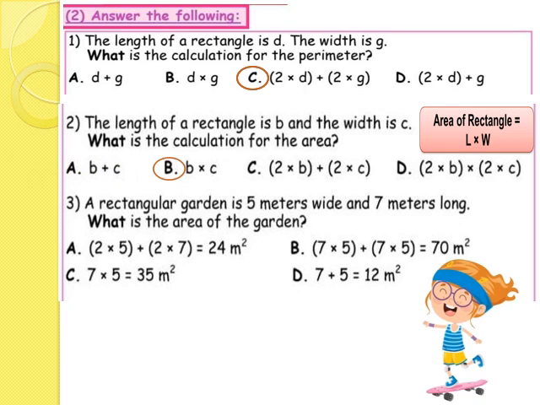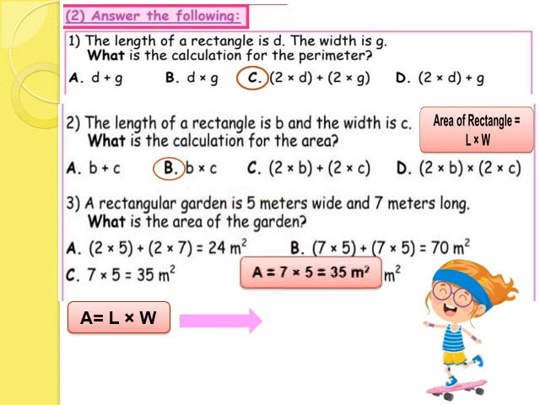The third one: a rectangular garden is 5 meters wide and 7 meters long. So I have the width 5 meters and the length is 7 meters. What is the area of the garden? The garden is a rectangle. What is the area of a rectangle? It has a rule, length by width. I have a length of 7 and the width 5.